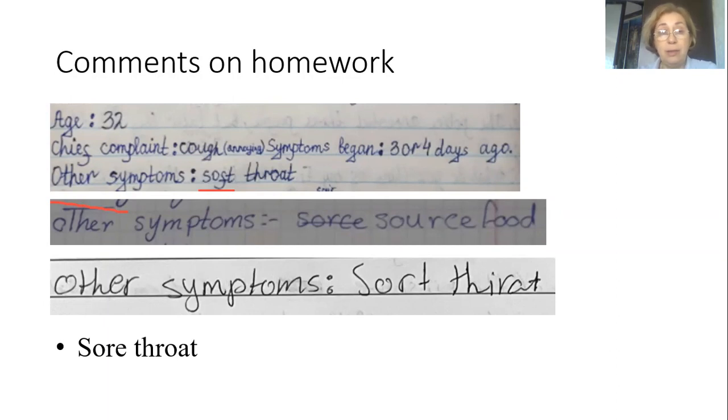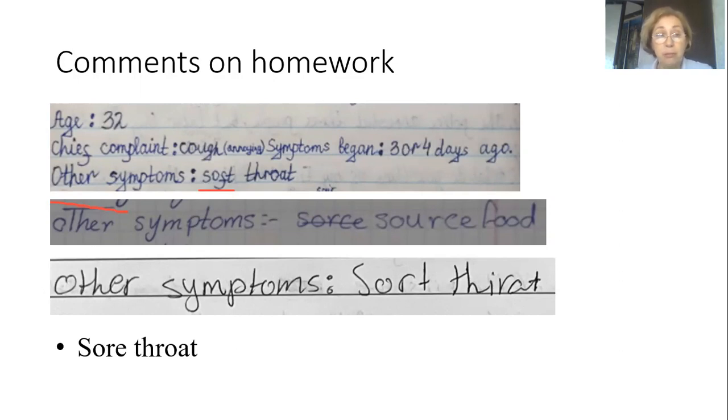So I could understand the soft throat because the student sees the location of the pain, but the other student writes like source food. It's not about the parts of the body. This is wrong, of course. So as you see, you remember that should be sore throat.